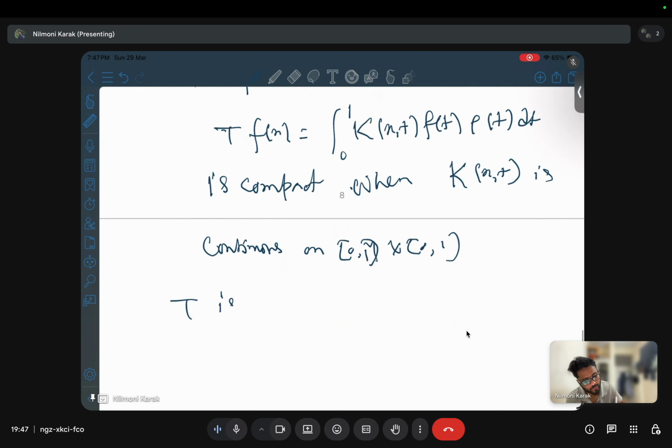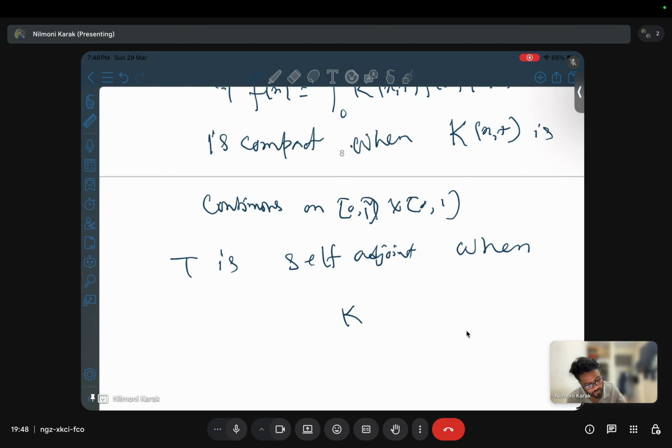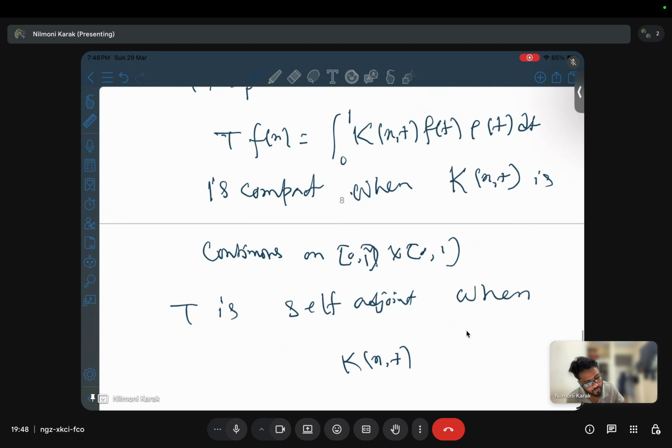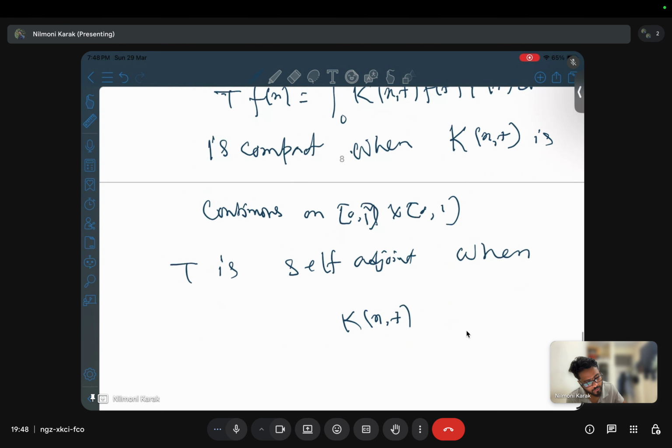Also T is self-adjoint when k(x,t) equals k(t,x). The proof is similar to the L2 case.